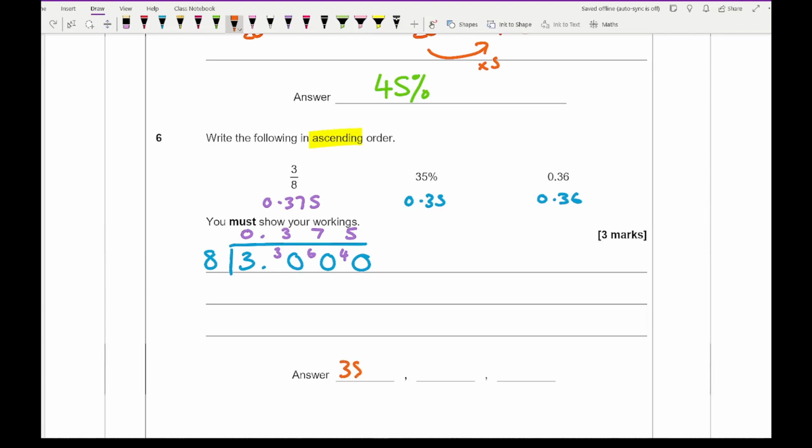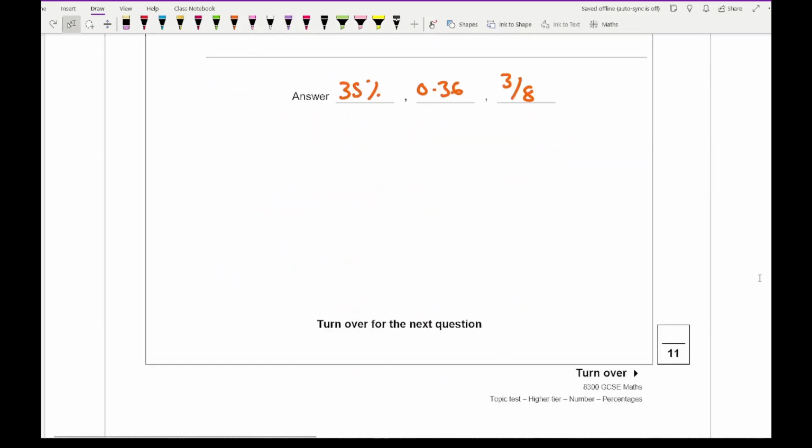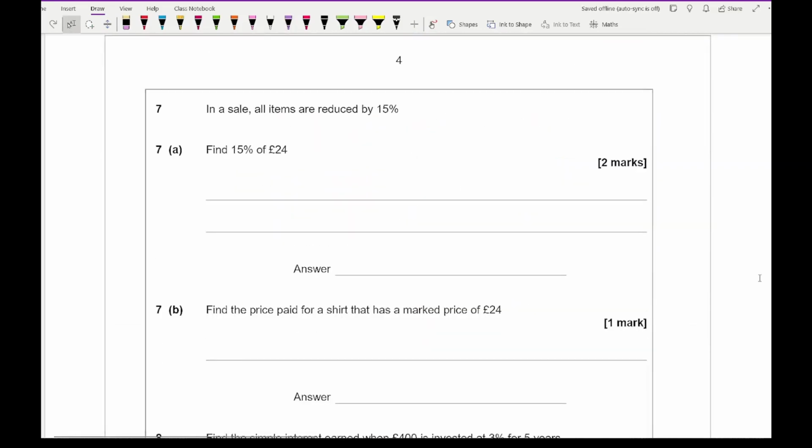So it's going to be 35%, then 0.36, and then 3/8. Now ideally, would you lose marks if I wrote the answer in all decimals? Probably not, but what you want to try and do is make sure that you're using the original format when you're doing your ordering.